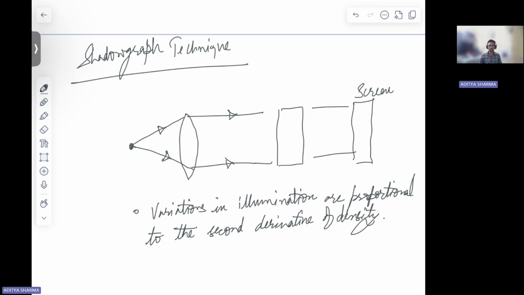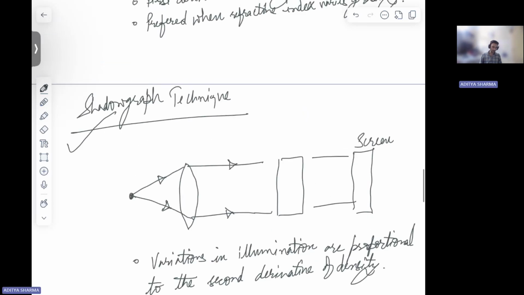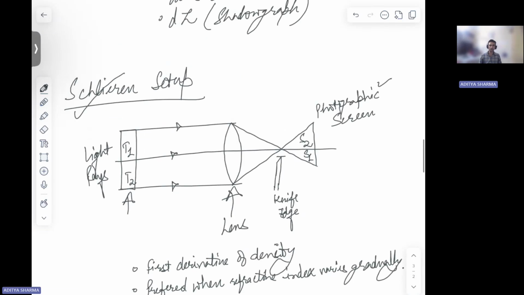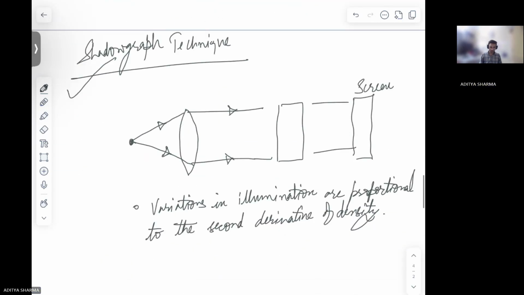So this is there. Where there are high gradients, right? High density changes are there, like in combustion. In those situations, we use this technique. Also, if we compare the Schlieren and shadowgraph technique, the shadowgraph technique is less costly in terms of its setup. Okay.